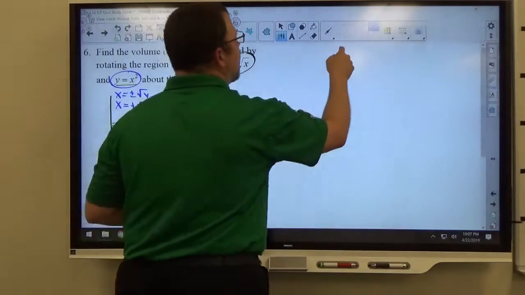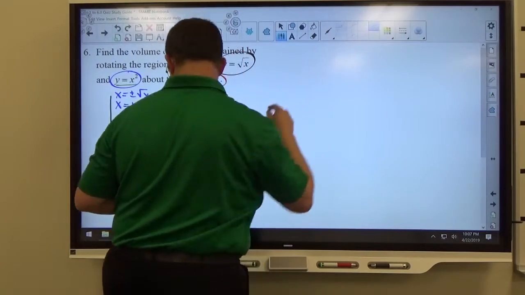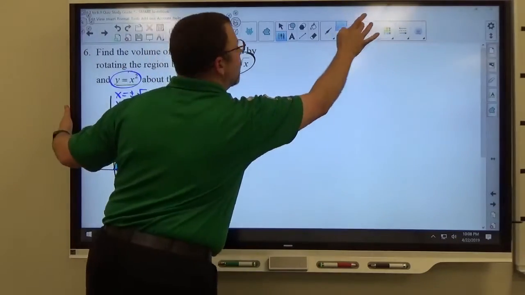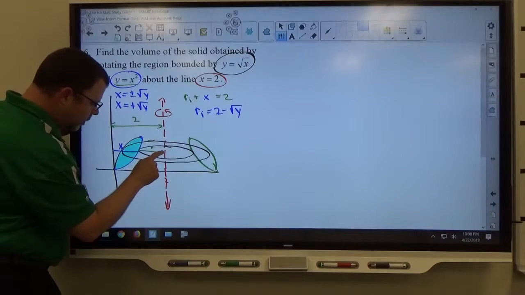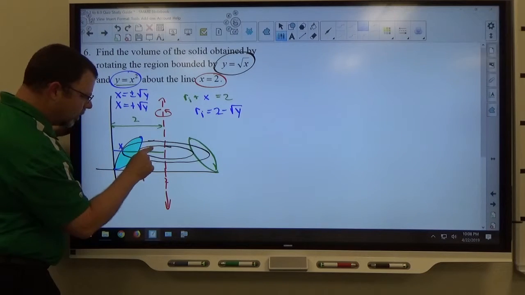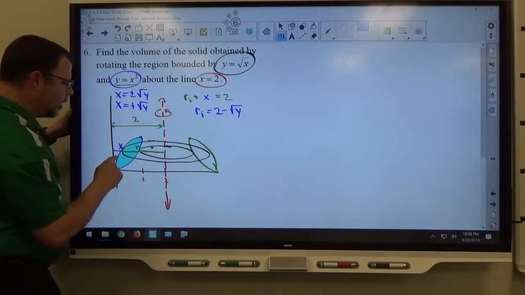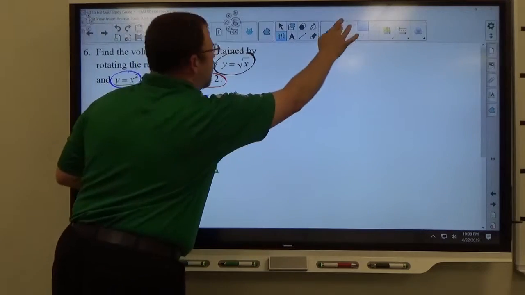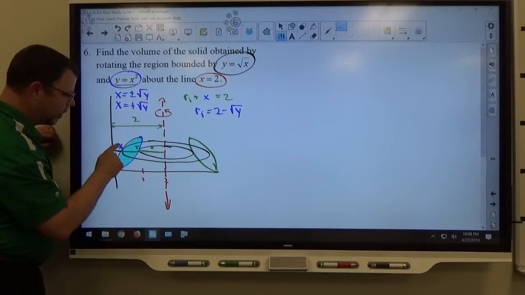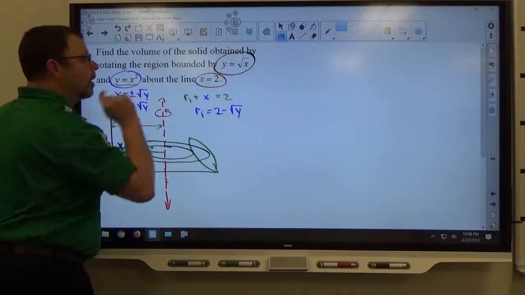For the outer radius, same argument holds. My outer radius is right here. Just extend this green line, pretend it's not on that inside anymore. So I'm going to scribble that out, put an R right there. And now my radius is going from here to this curve here, which is the black curve.